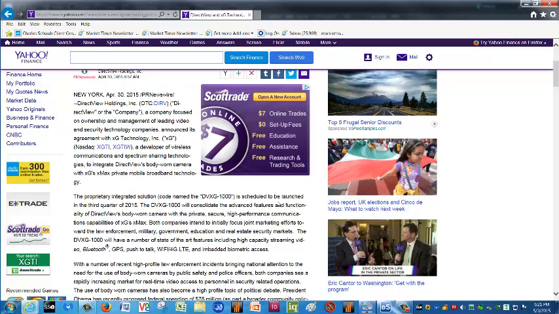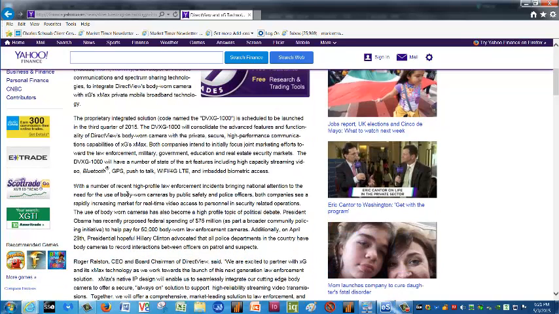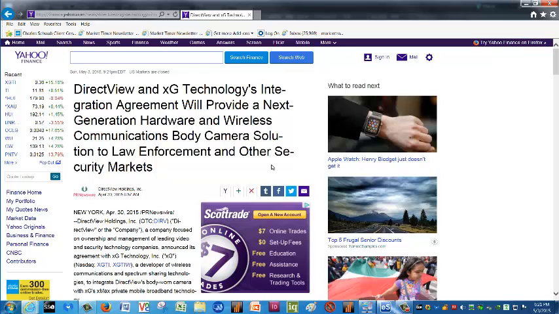Basically, this is used in the law enforcement, military, government, education, and security markets. So they have an interesting little technology here, which involves the use of cameras and video access, and it's a little bit of a play in the security area.